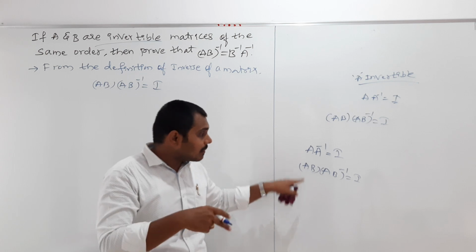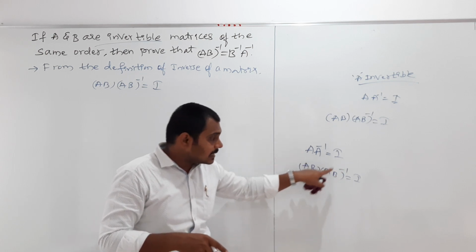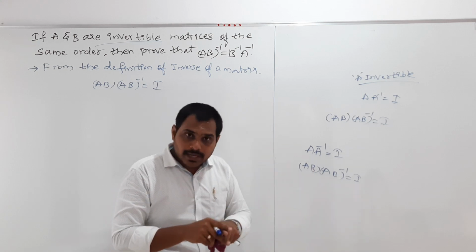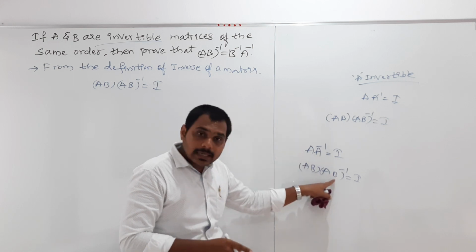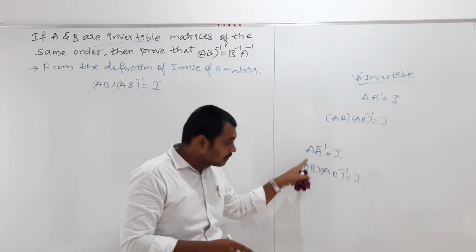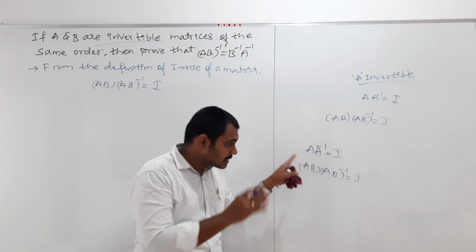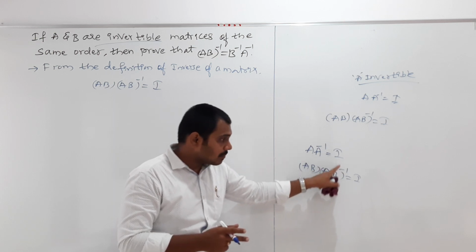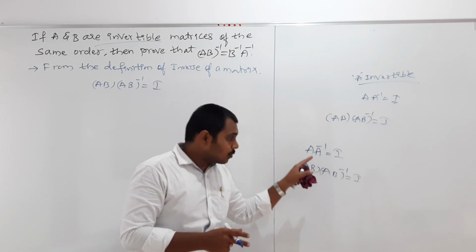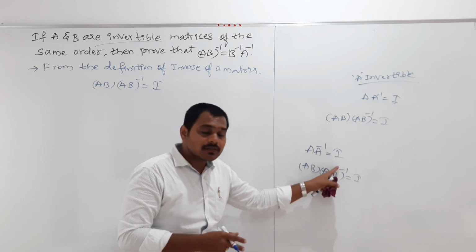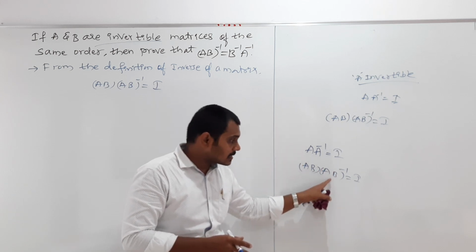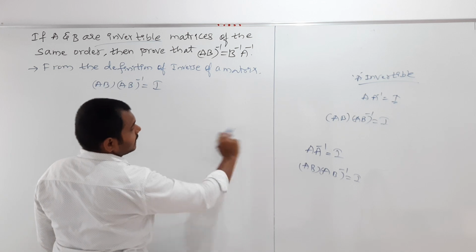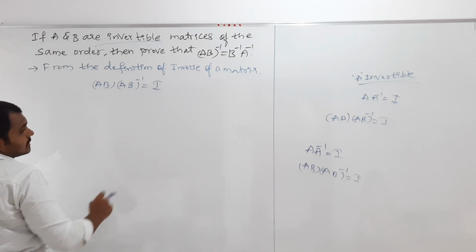To that matrix, if I multiply with its inverse, I will get the identity matrix. So from the definition of the inverse of a matrix, I will write AB into AB whole inverse is equal to I.